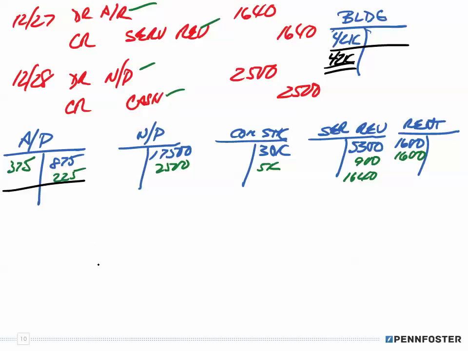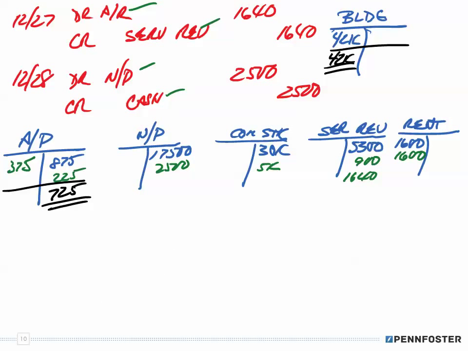So 875 plus 225 is 1,100 less 375, which gives me 725. So this should be 725 as a balance on the credit side because my credits are greater than my debits.